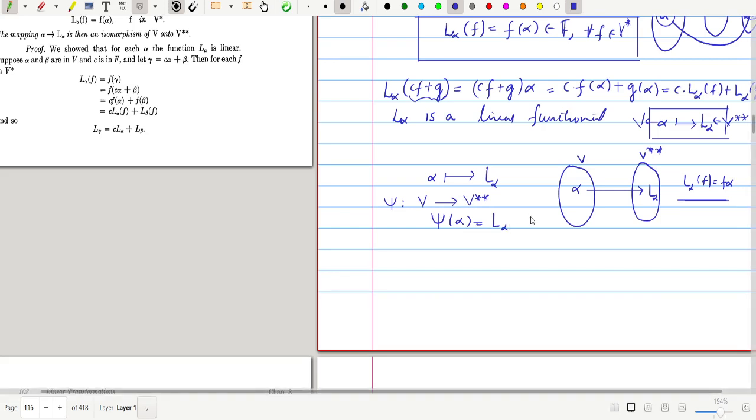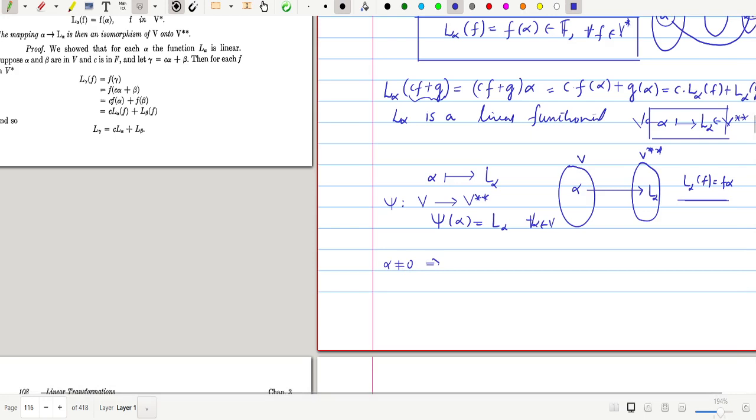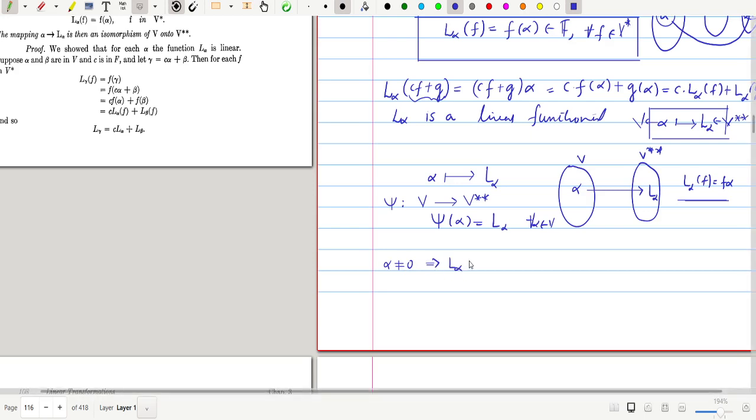This is the definition for all alpha belongs to V. Now we will show that this is in fact a map from this V to V double star. That means whenever this alpha is not equal to 0, we will prove that L alpha is non-zero. Okay, this will show that this map psi is a function from V to V double star.